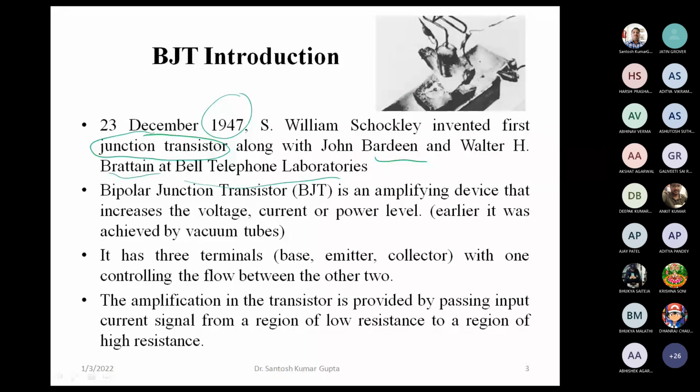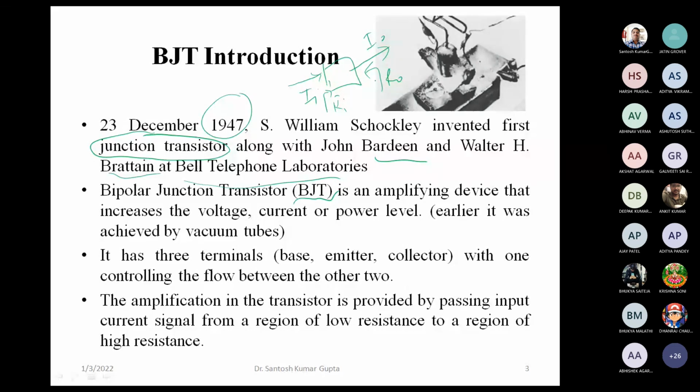Essentially, the BJT has the ability to transfer the current over different resistances, say an input resistance Ri and an output resistance Ro.